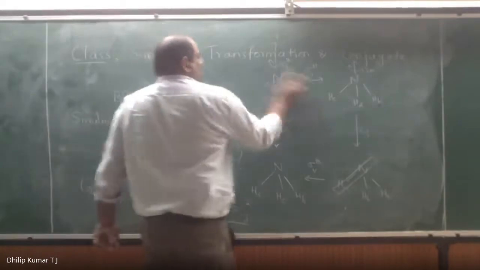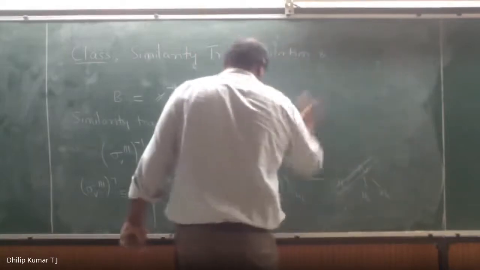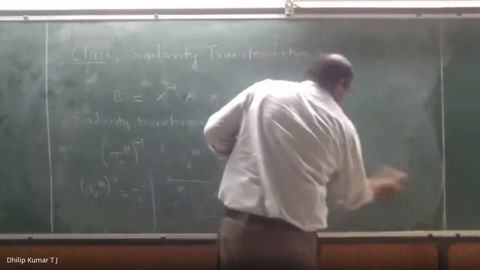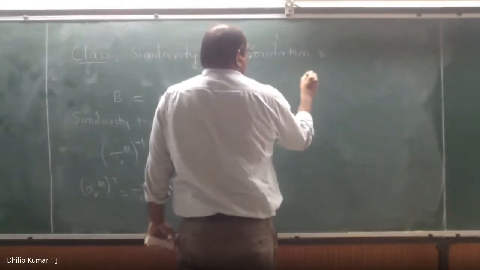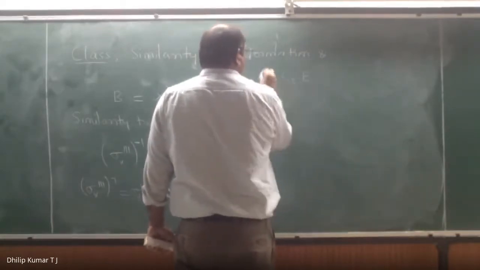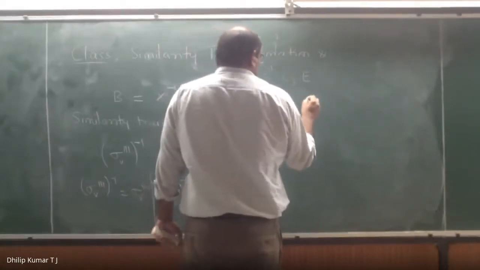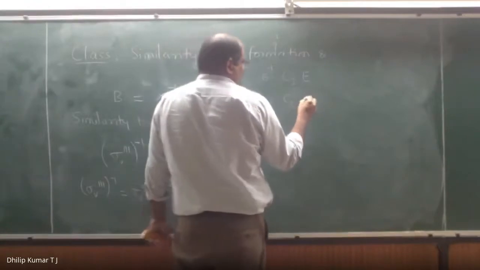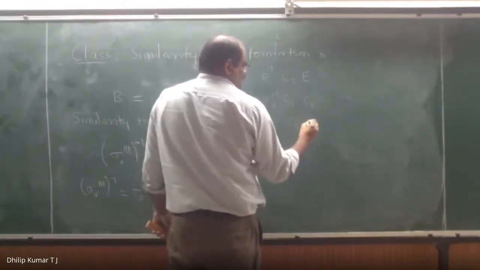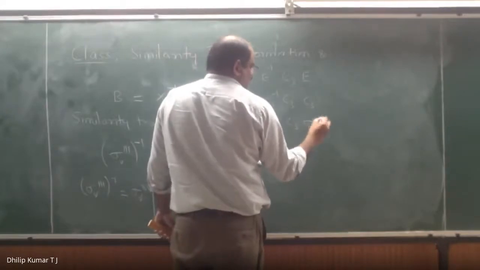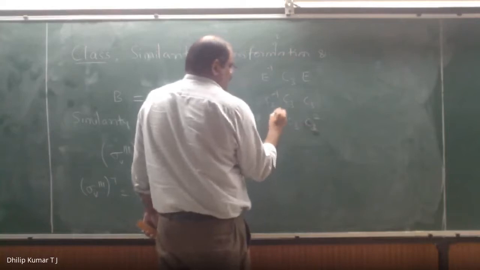It won't change. So what I'm saying is take C3 with E inverse. C3 with itself you can do. C3 inverse, C3 with sigma V, or C3 squared, C3 minus 2.